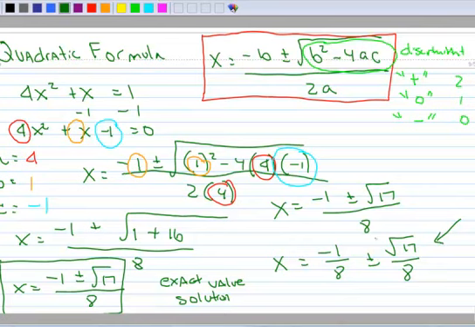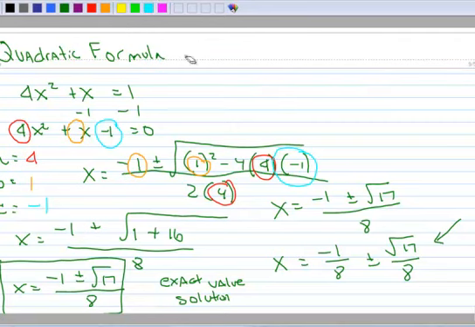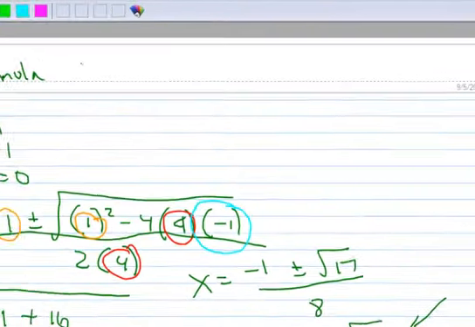I have no preference. Alright, let's go ahead and calculate the decimal approximation. Let's do a decimal approximation.